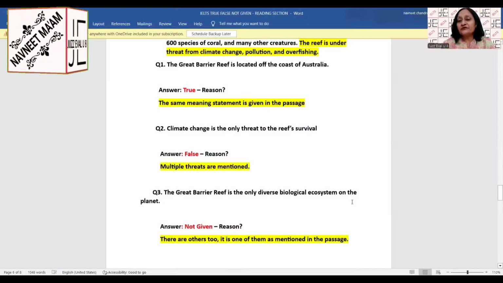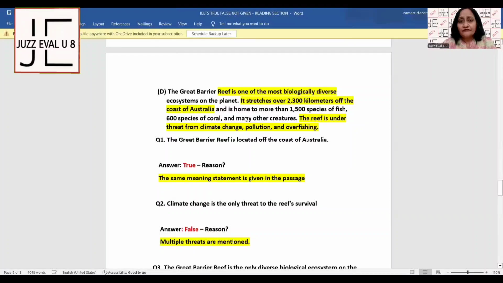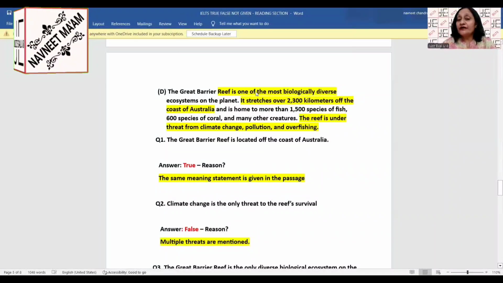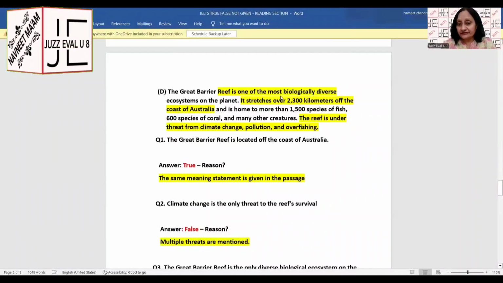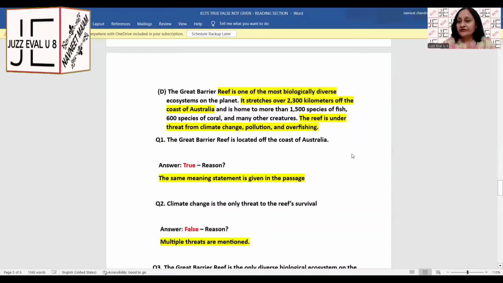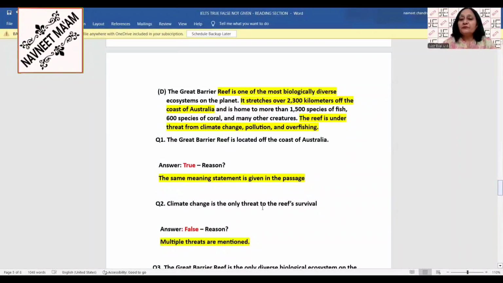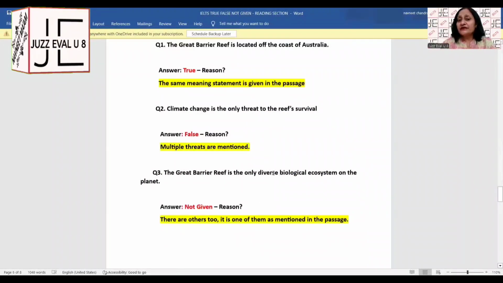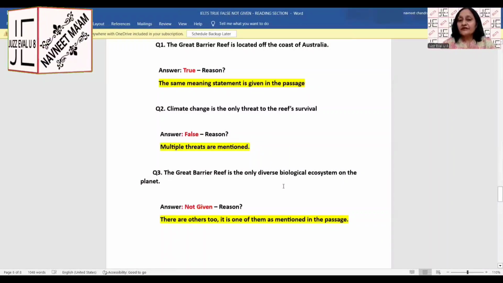What is given here is the Great Barrier Reef is one of the most, not the only. One of the most means there are many other, but it is one of the most biologically diverse ecosystems on the planet. Since this is not mentioned, that is, it is the only diverse biological ecosystem, therefore, it is not given.